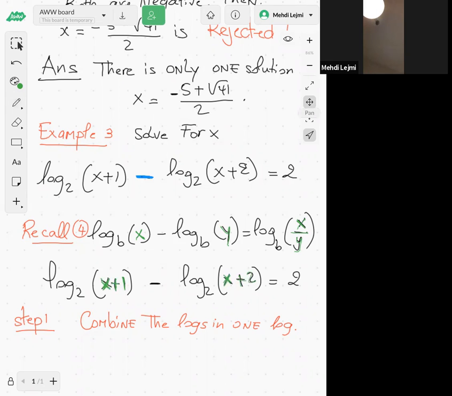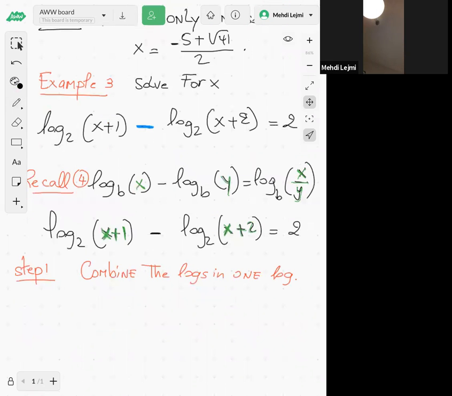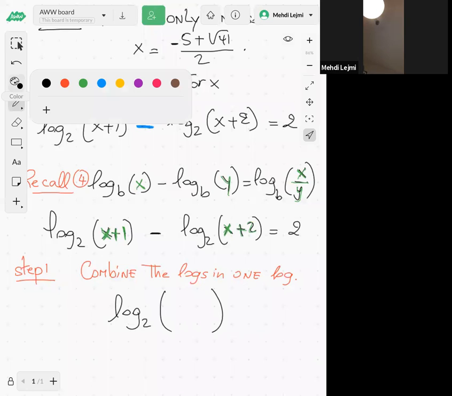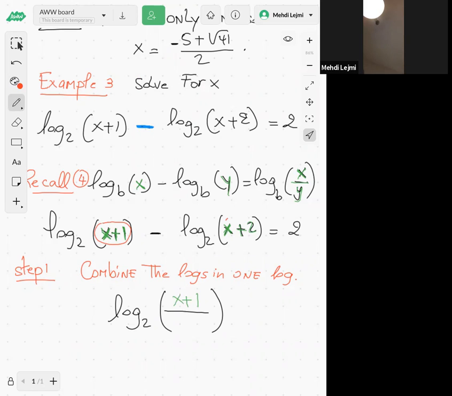So we're gonna have log now in base 2 of, and as I said, you're gonna use this property number 4. The first term here is x plus 1, so we're gonna have x plus 1 in the top divided by the term in the second log, which is x plus 2.